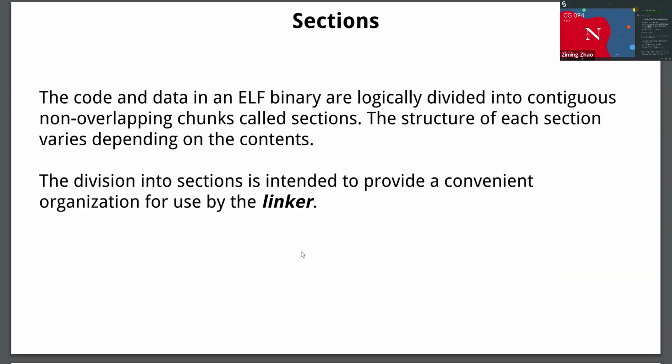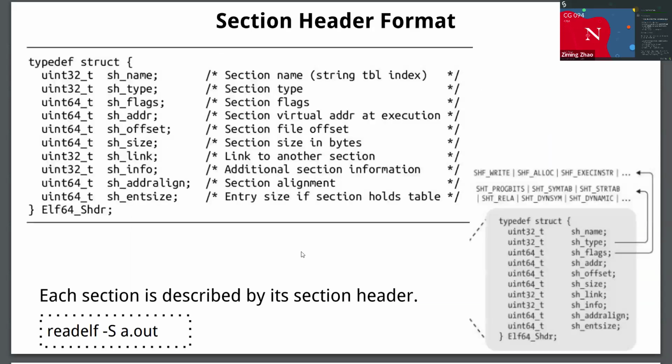So code and data are logically divided into sections, and we already talked about some sections like the .text section for code, .data section for initialized data, .bss for uninitialized data. For different sections, there are also different permissions.